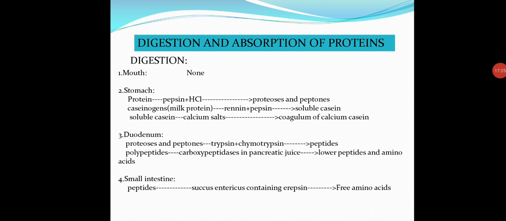Now let us learn the digestion and absorption of proteins. Amino acids linked together in a chain by peptide bonds are called polypeptides. All proteolytic enzymes, that is, enzymes concerned with protein digestion, are secreted in the form of inactive precursors, that is, proenzymes, and activated in the gastrointestinal tract.